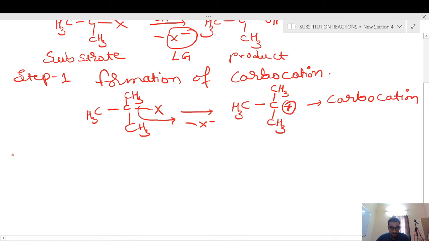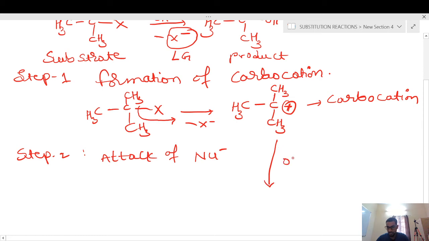And in step 2, what happens? Attack of the incoming nucleophile. Here, in this case, step 2 is the attack of nucleophile OH minus.